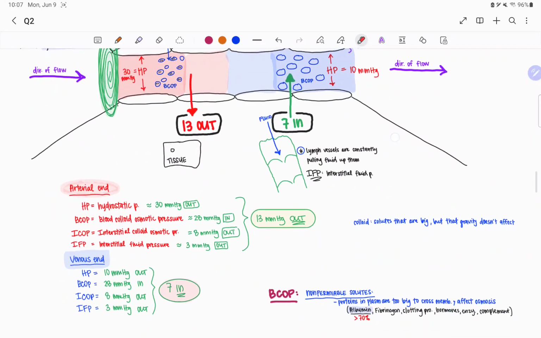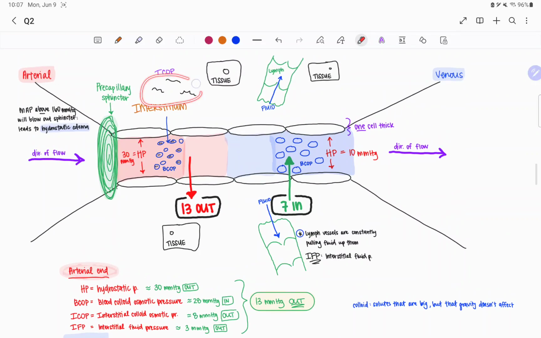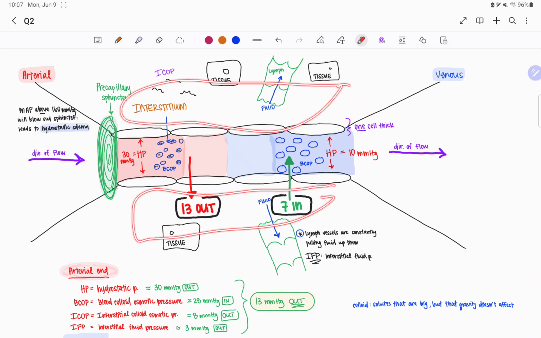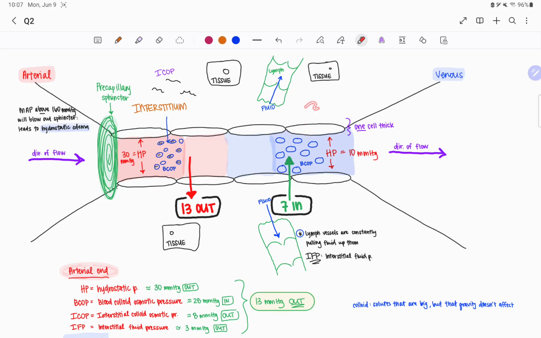But then ICOP also stays the same. These proteins aren't able to diffuse across the membrane, so they also stay, and they're over here as well, right? This is all the same stuff. So it stays the same, so it's only pulling so much fluid out at this end, and the lymph vessels are constantly pulling, so they're doing their thing as well.